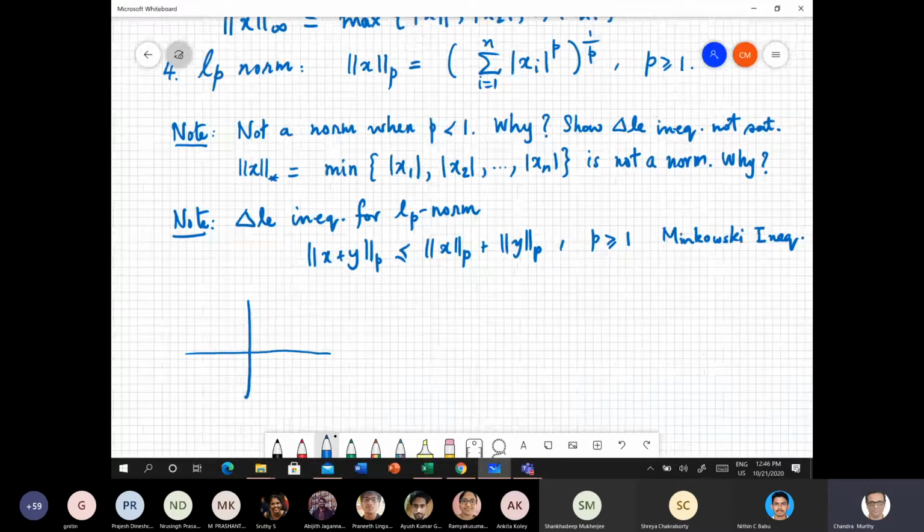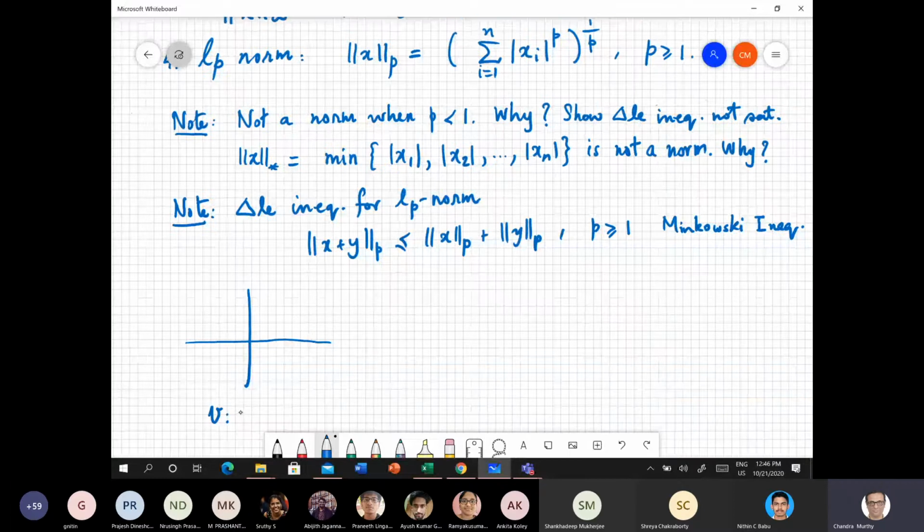If I take the set of points v such that the L2 norm of v equals 1 on the two-dimensional plane, what will it look like? A circle. It's a circle, and its radius will be equal to 1.